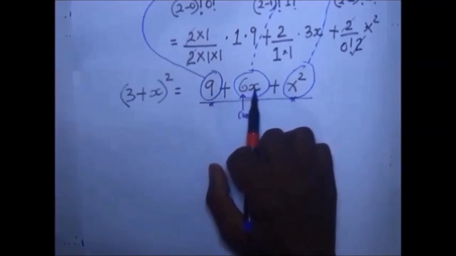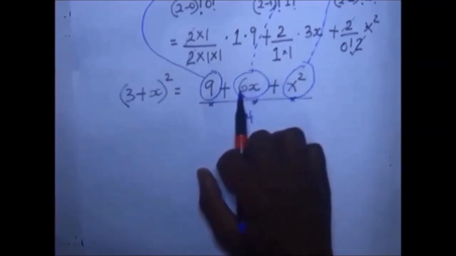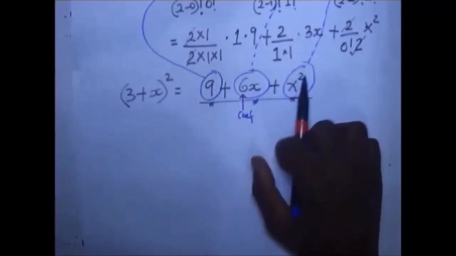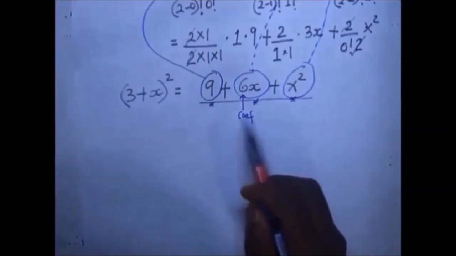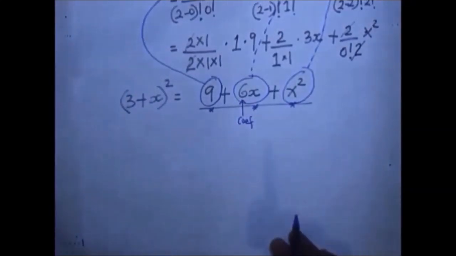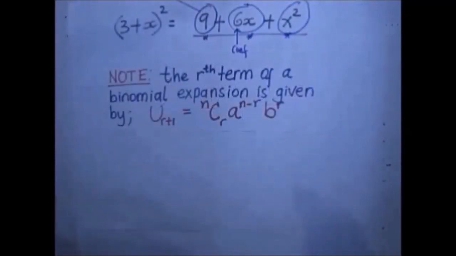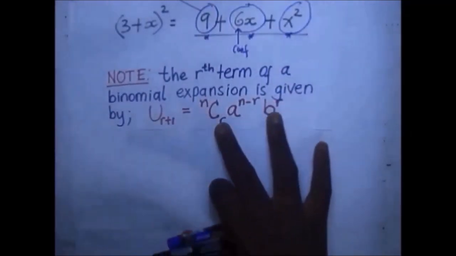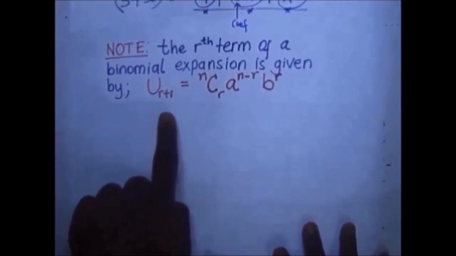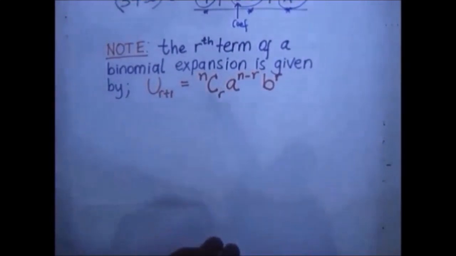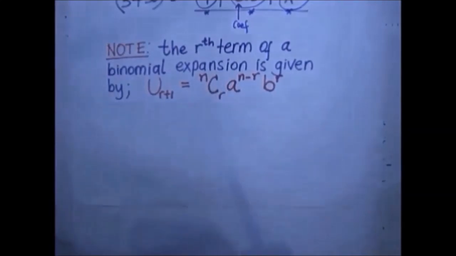This one is a term that has an unknown x attached to it. This one is a term whose unknown is x squared, so the coefficient of this is 1. So in this video we want to find the coefficient of the term in a binomial expression. You should know that the rth term of a binomial expansion is given by U r plus 1 equal to that. This is what the binomial expression gives, and it's what we used.